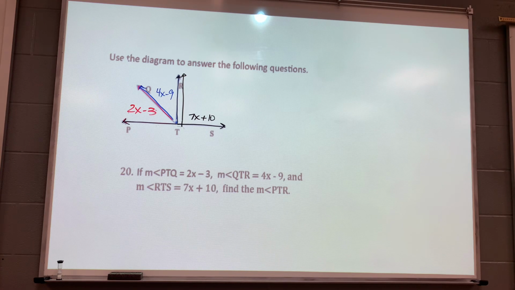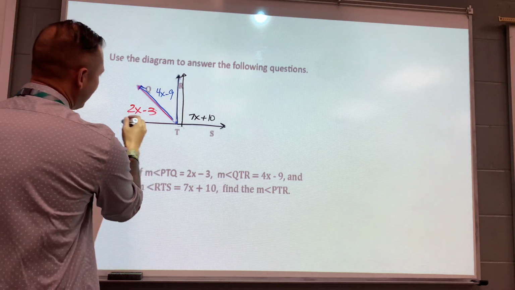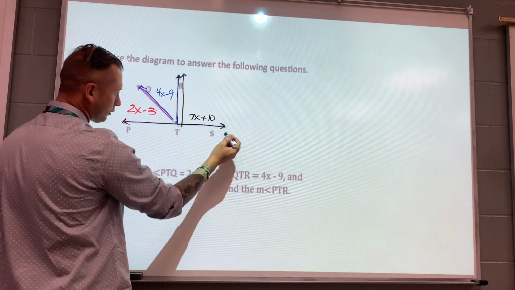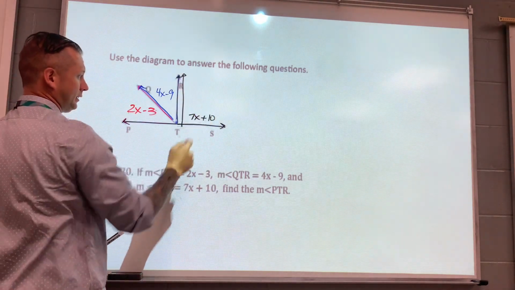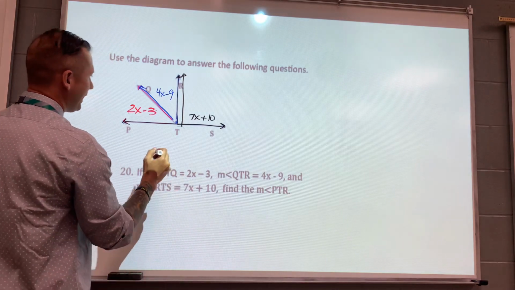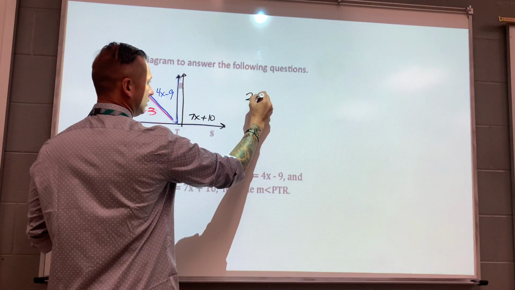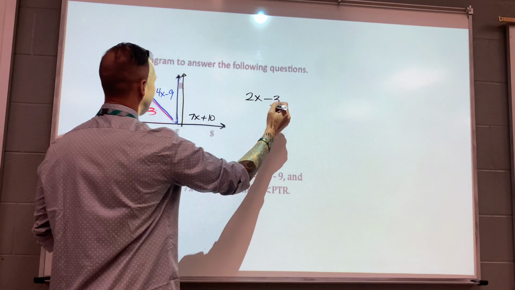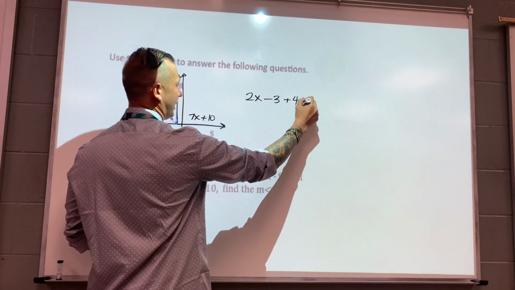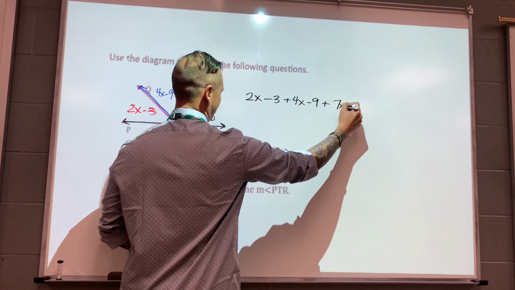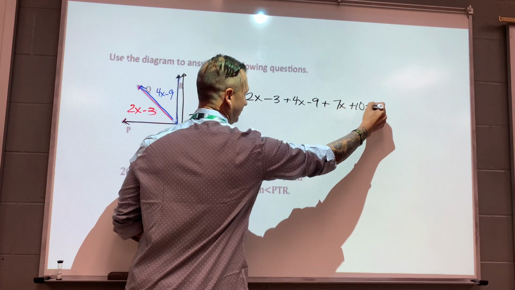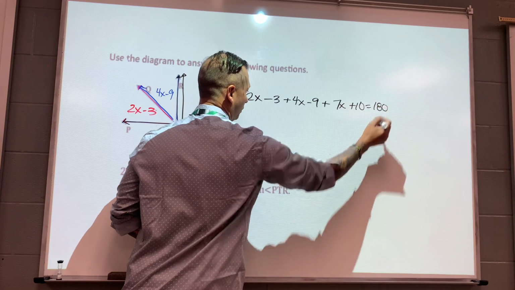So the thing that jumps out at me is that I have a straight line. I know that a straight line is equal to 180 degrees. So I'm going to add up all three of these to make 180. 2x minus 3 plus 4x minus 9 plus 7x plus 10 equals 180.